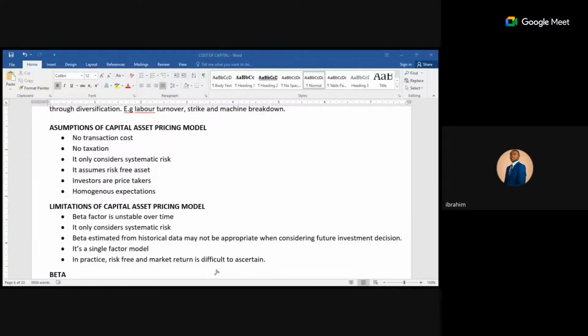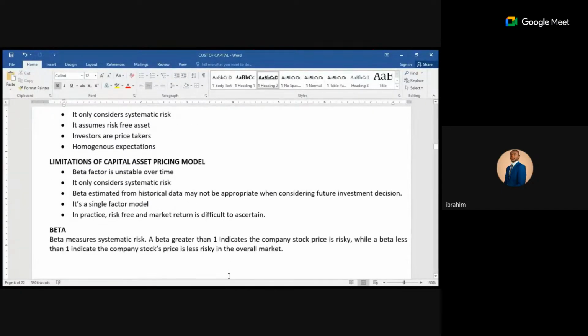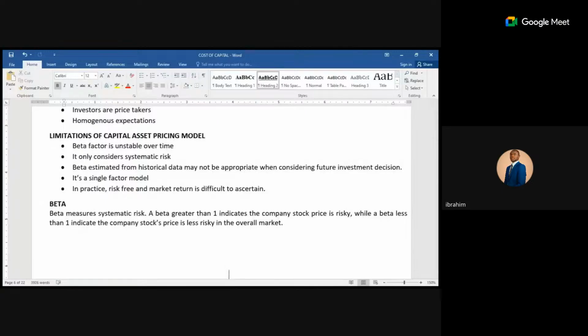So you may see a question like this: what are the assumptions of the capital asset pricing model, or the limitations of the capital asset pricing model? Lastly, before we quickly do a brief recap, equity beta is a better measure of systematic risk.